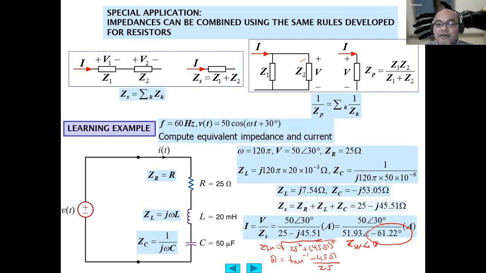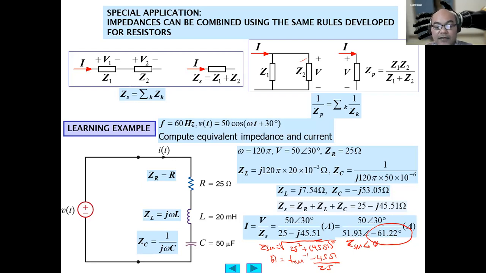Minus 45.51 divided by 25 gives minus 1.804.